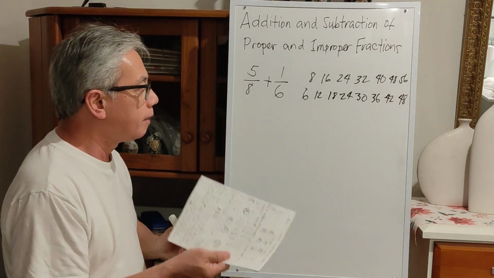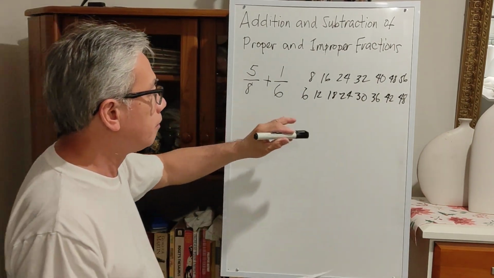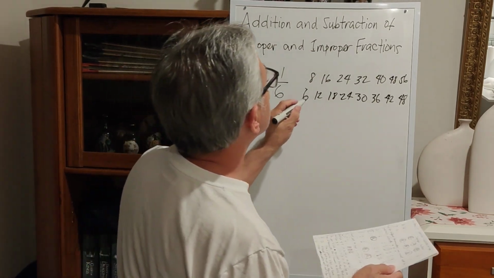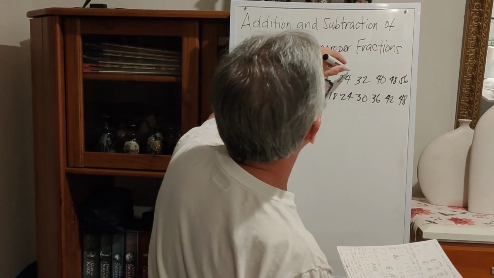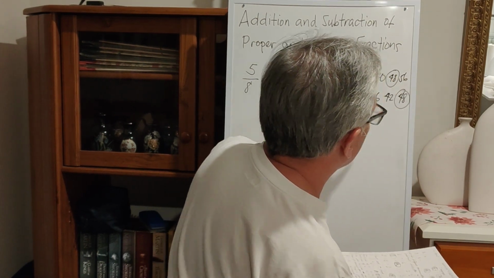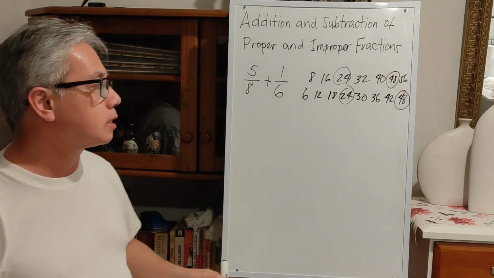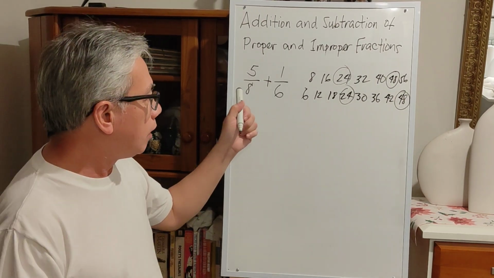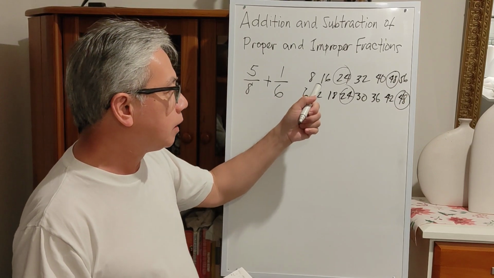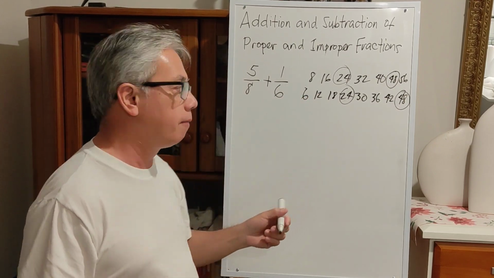So for the multiples, the lowest multiple that they have in common is 24. There's also 48, but we want the smallest.